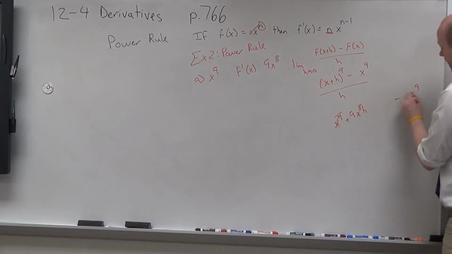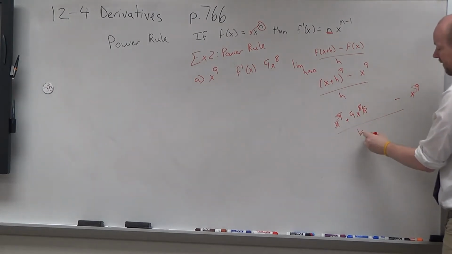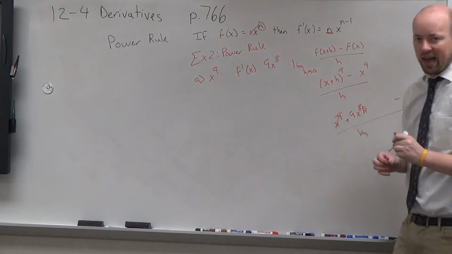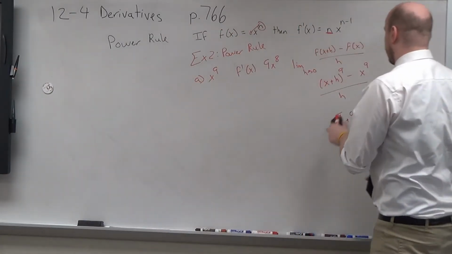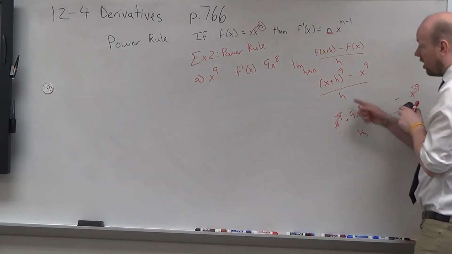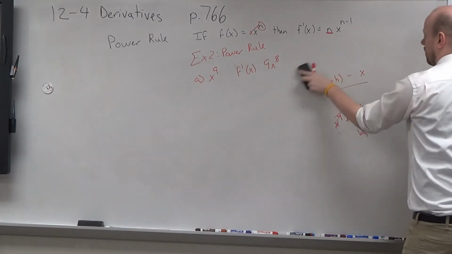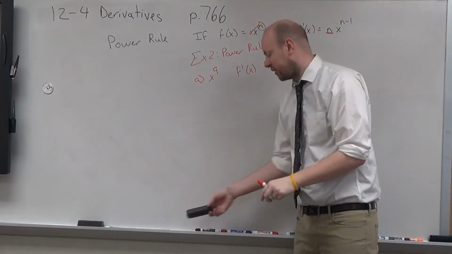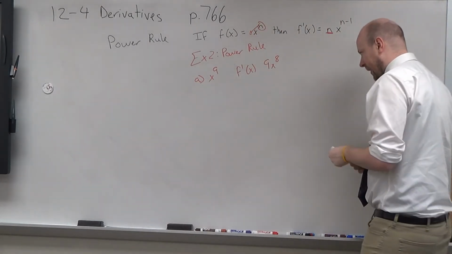My x to the 9s are going to cancel off, and I'm going to end up with all these terms that have h's, and as h goes to 0, the only term that's going to remain is that 9x to the 8. I probably should have done an easier example, but instead of doing all that, we can just use the power rule. Instead of having to break out Pascal's triangle to do x plus h to the power of 9, mathematicians found an easier way.